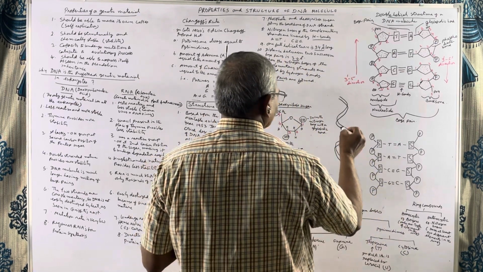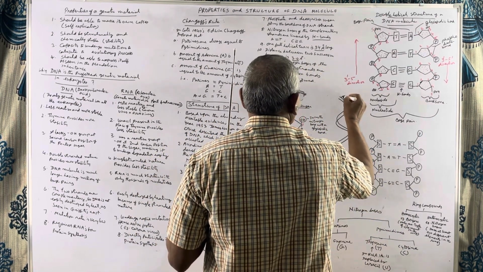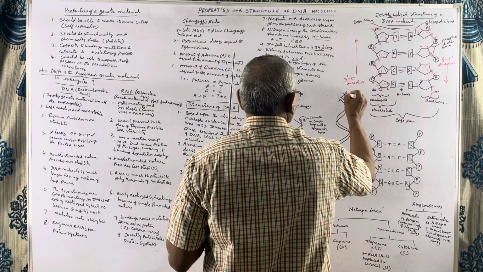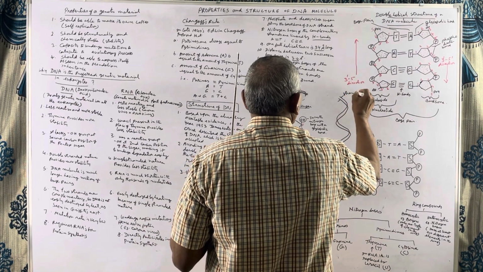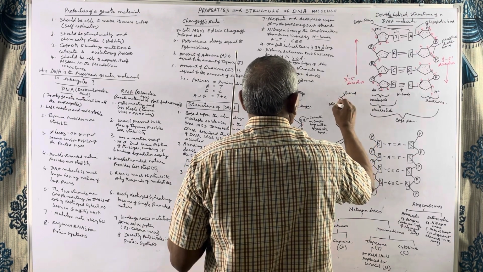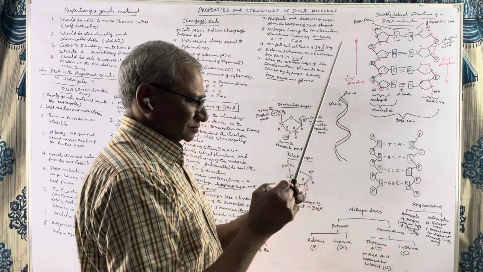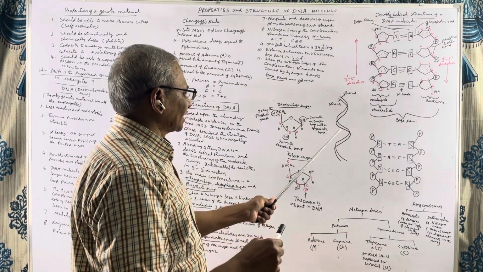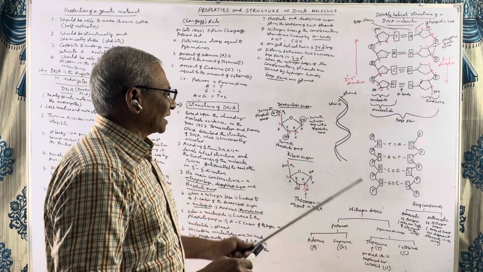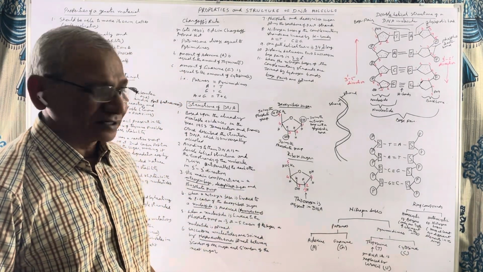Double helix structure. This is one strand. This is another strand. They have coiled around each other. So this is the double helical nature of a DNA strand.